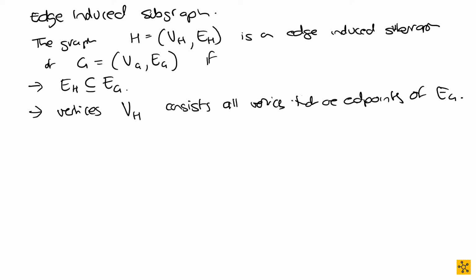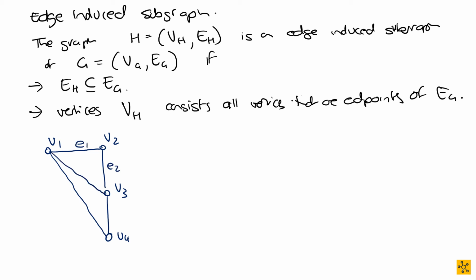Okay, so let's draw an example. So we have V1, V2, V3, V4, and we're just going to throw some edges in here. And let's just call them E1, E2, E3, E4, and E5. So when you do an edge-induced subgraph, we start off with the edges. So you're going to say, okay, EH is going to be equal to E2 and E5, for example.